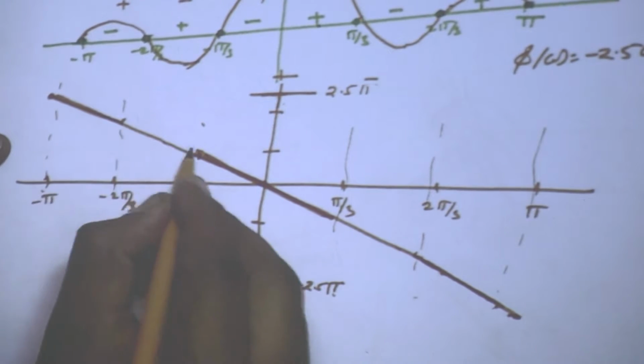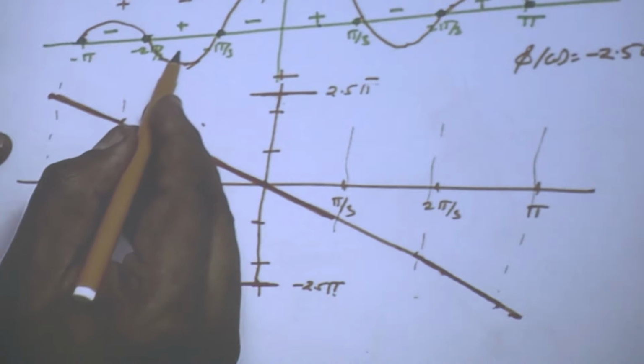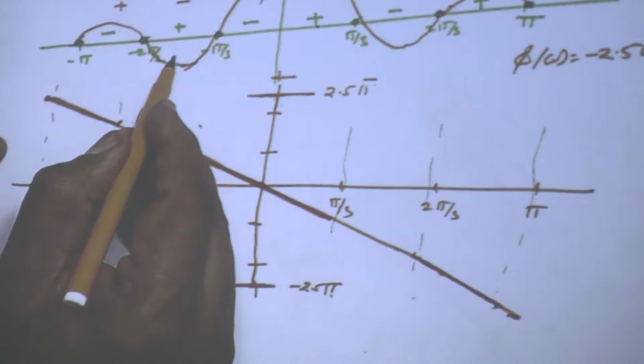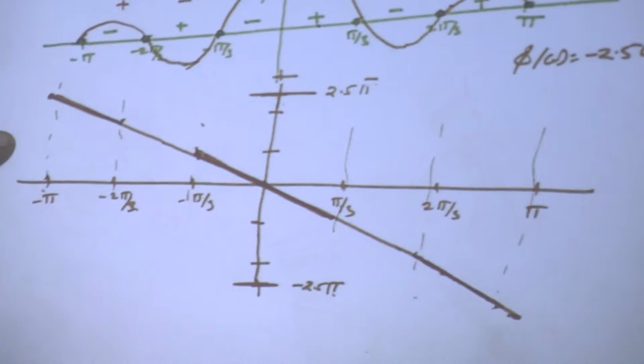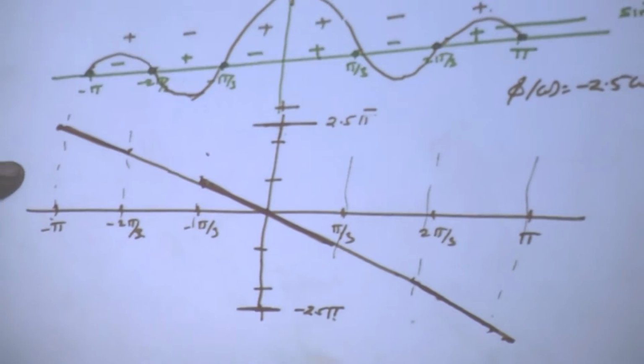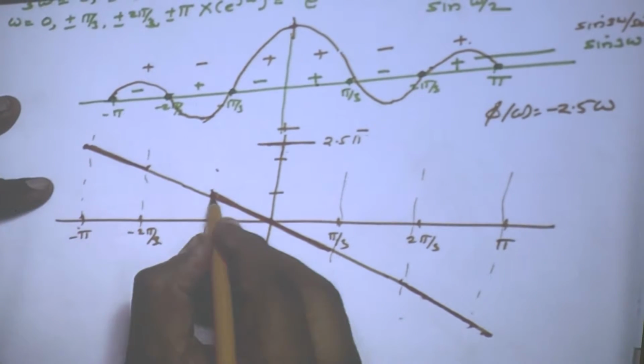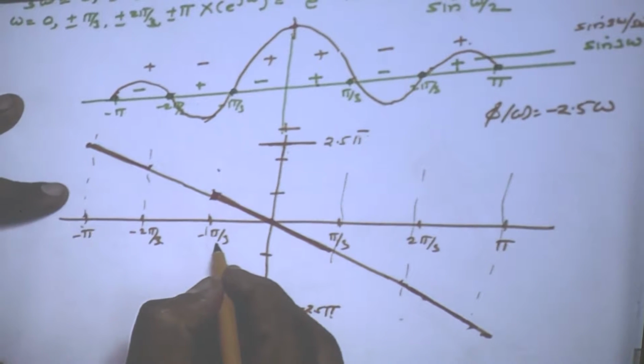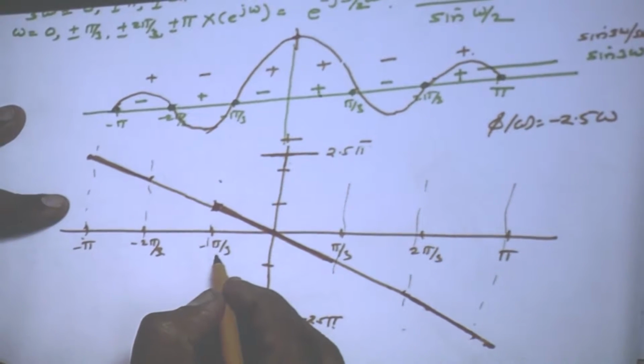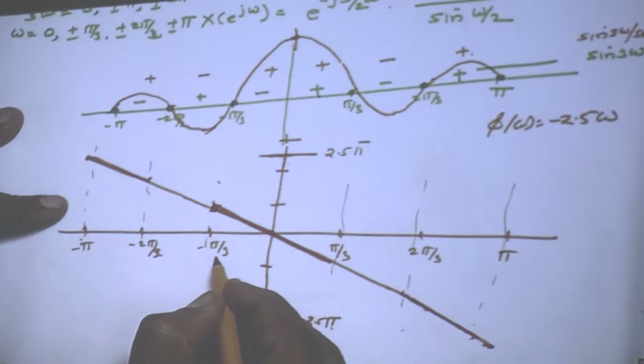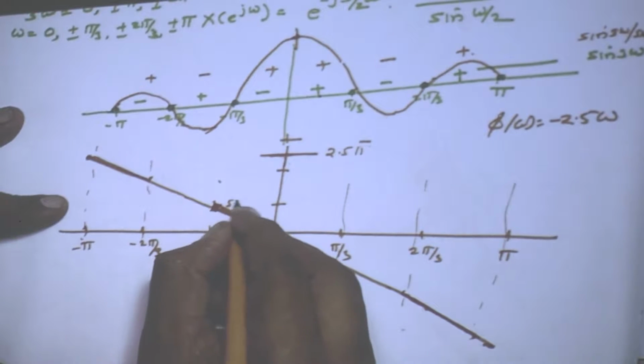The only point is in between these two where the magnitude function is negative. What I have to do? I have to either add pi or subtract pi from it. Do whatever you want. Since it is already going above, what is the value here? This is 2.5 pi by 3. 2.5 is 5 by 2. So 5 by 6 pi. This value is 5 by 6 pi.